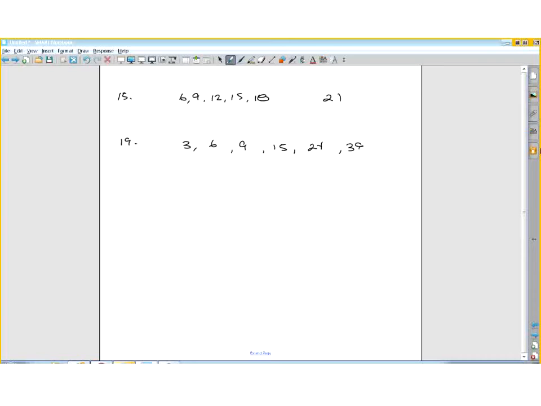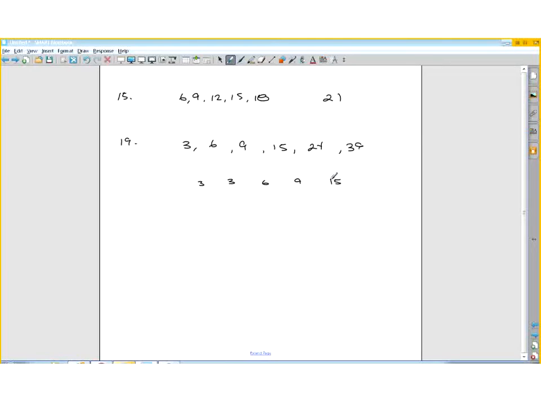So it's not going to be a geometric sequence. So let's look at the differences. 6 minus 3 is 3, 9 minus 6 is 3, 15 minus 9 is 6, 24 minus 15 is 9, 39 minus 24 is 15.